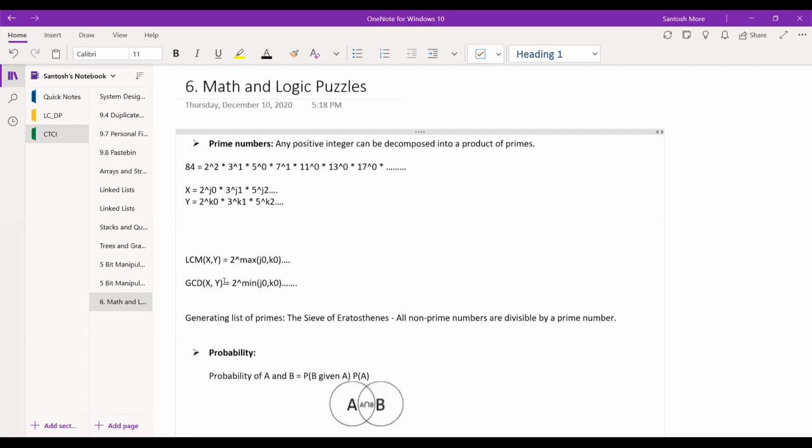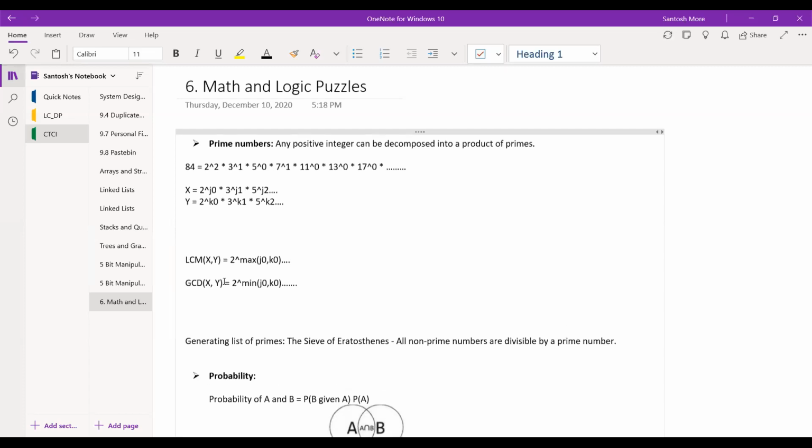So we can easily express the GCD and the LCM. He has given some examples, and said that if we multiply the GCD by the LCM, it will evaluate to x multiplied by y, the product of the two numbers.